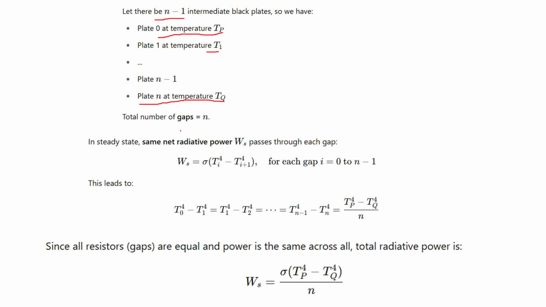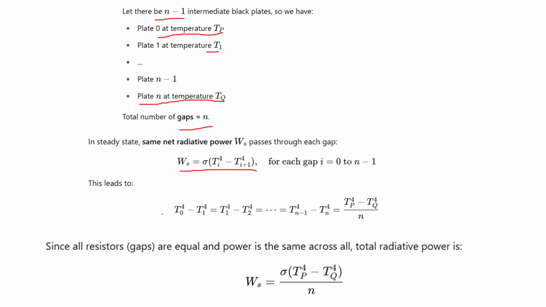In case of steady heat transfer, because heat is transferred from first to second, then from second to third and likewise, the amount of heat transferred will be given by W equals sigma into Ti to the power 4 minus Ti plus 1 to the power 4, where i is the ith plate. So heat transfer is taking place between two adjacent plates.